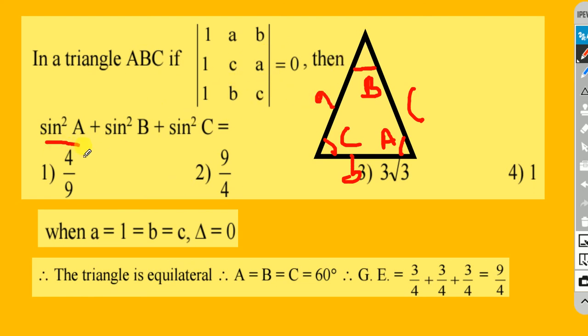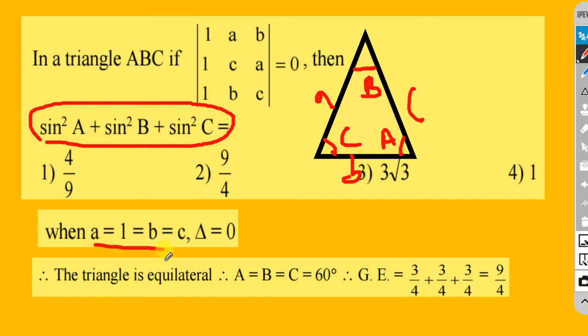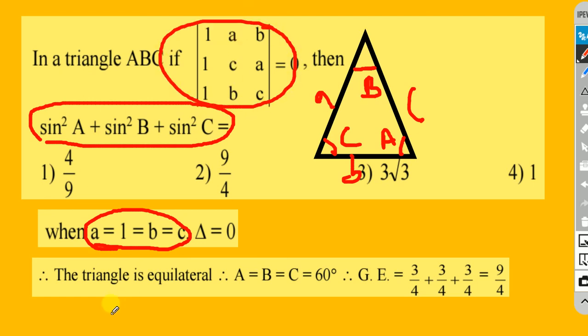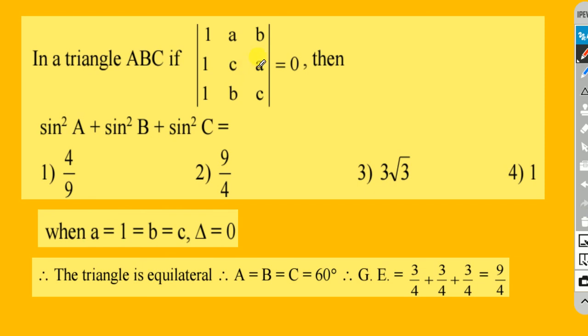I have to find sin square A plus sin square B plus sin square C. So I will consider an equilateral triangle here. That is why I will take a equals b equals c equals 1. When you take a equals b equals c equals 1, this determinant value becomes 0. The given condition is satisfied when it is an equilateral triangle.